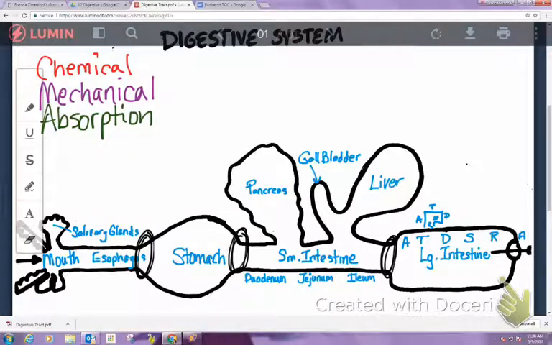So we're going to start off by looking at the mechanical processes that are occurring in the mouth. Digestion starts in the mouth with the mechanical process of something you guys do in front of your friends every day. Mastication.